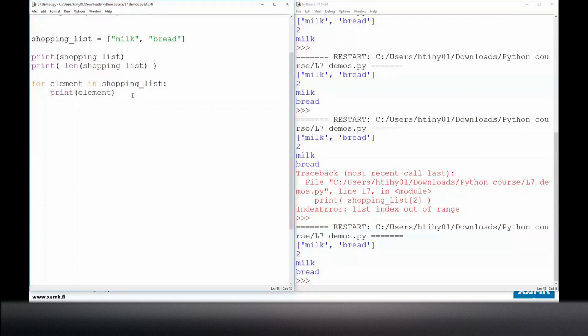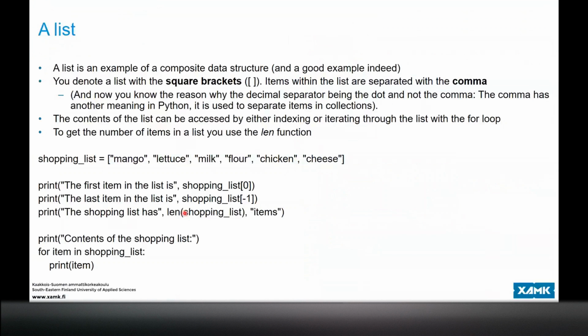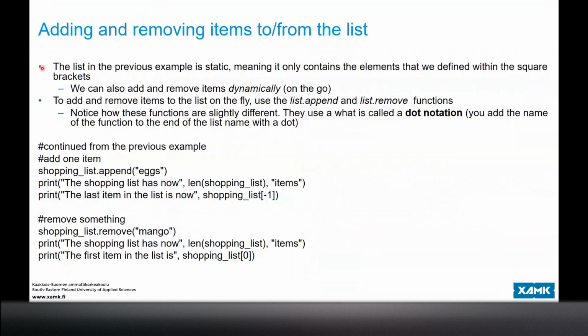Okay, so far so good, but we're only looking at the contents on this list we have hard coded here. That means that this list that we have been looking at is more or less static.